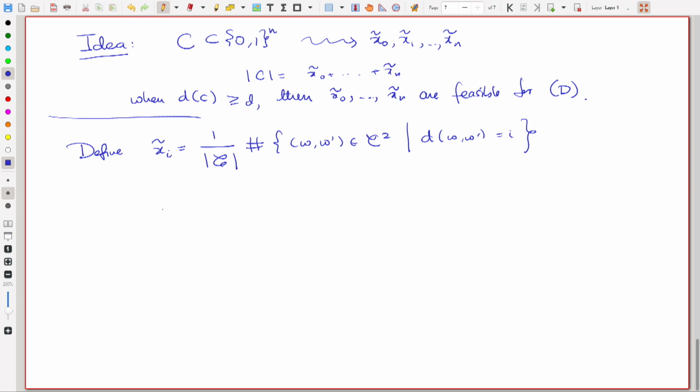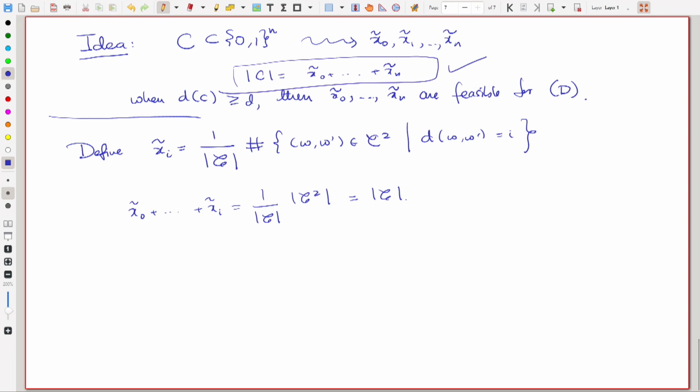So, clearly x_0 tilde plus up to x_n tilde equals 1 over the cardinality of C times the cardinality of C squared, which is equal to the cardinality of C. So, this thing is clear, right. Then what were the other conditions? The condition was x_0 tilde is equal to 1. Is that clear?